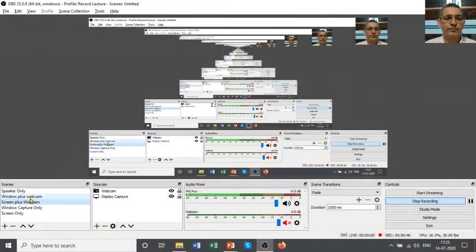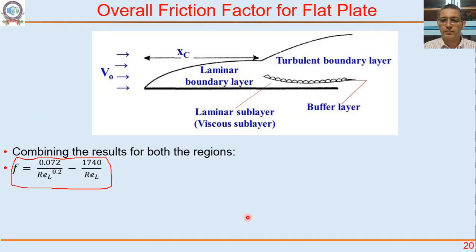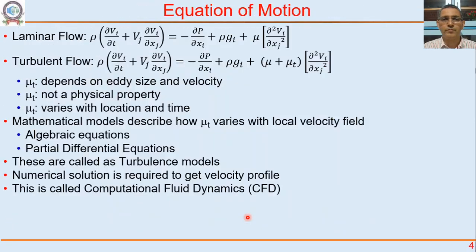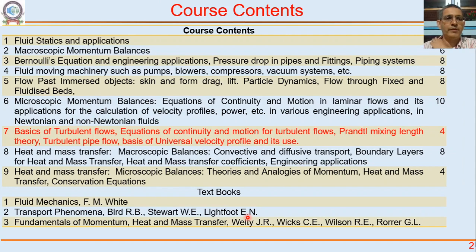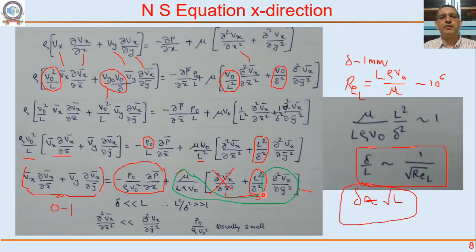Whatever we have done so far, in these two parts, 6 and 7, we have been able to calculate all the macroscopic things that we had wanted to do using computational fluid dynamics. Let me just show you some examples.